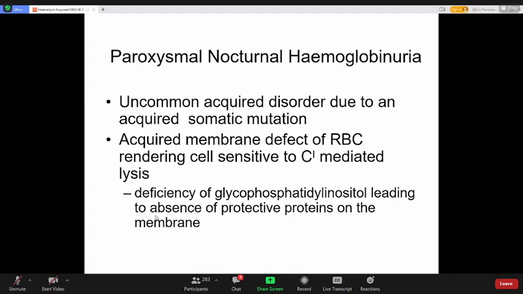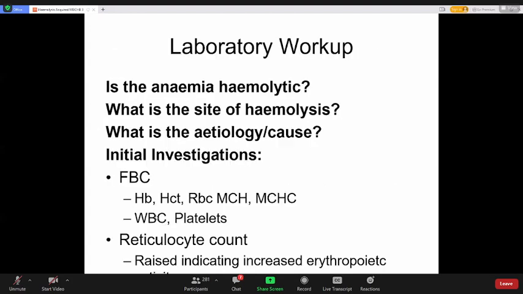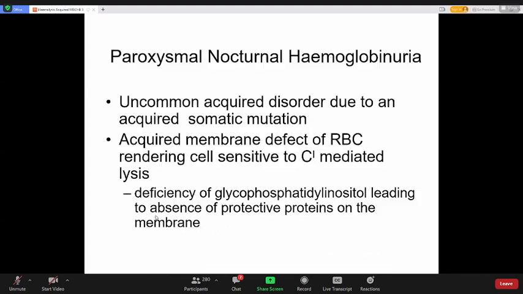Having that deficiency of this particular substance puts them at risk of red cell destruction through complement activation. It's an acquired disorder. Right. So this particular condition is quite rare, not very common. We don't see it very often, but it's called paroxysmal nocturnal hemoglobinuria.